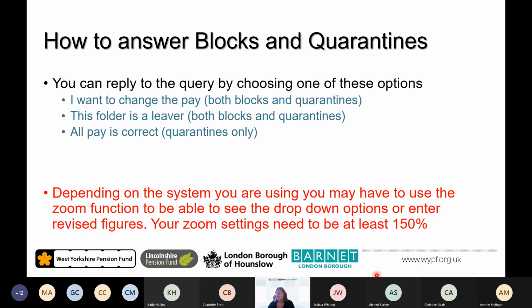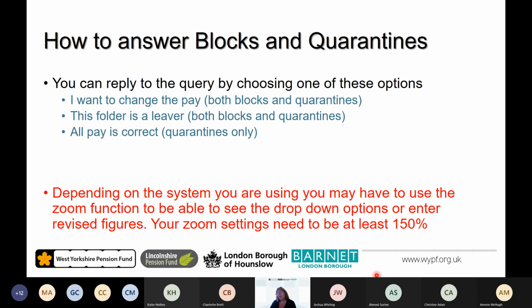That's on both blocks and quarantines. This person is a leaver, self-explanatory. That is on both blocks and quarantines. All pay is correct, so that would be your apprentices. That is only on quarantines, because with blocks, we are missing something, so we actually need some input from you.